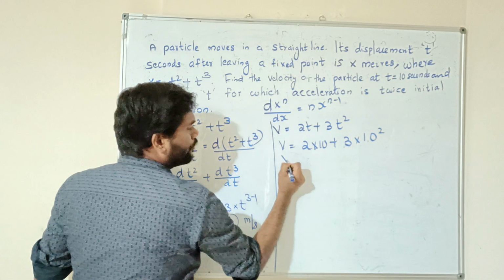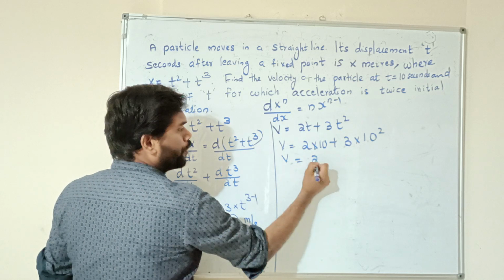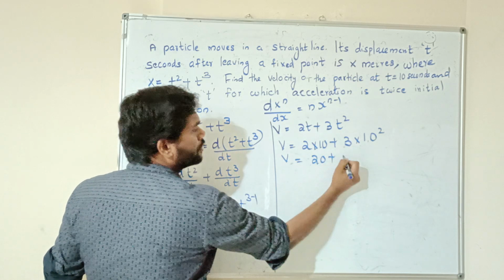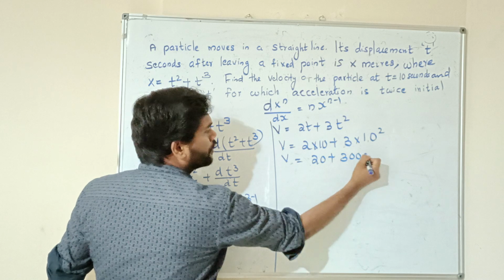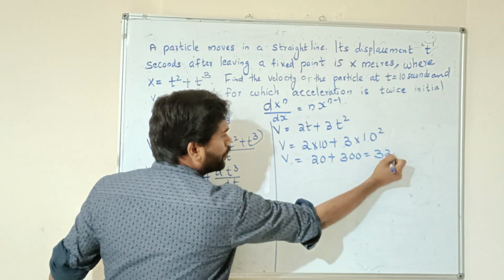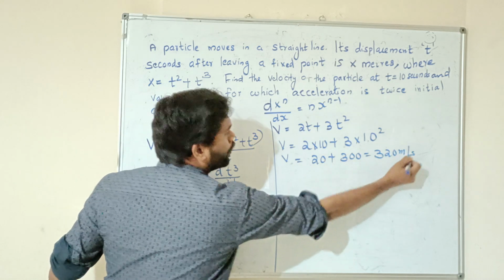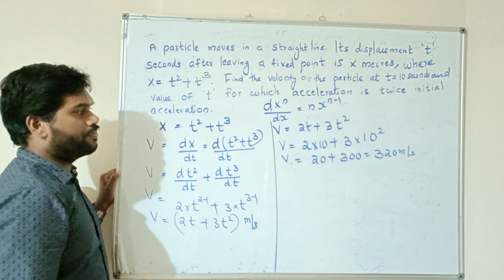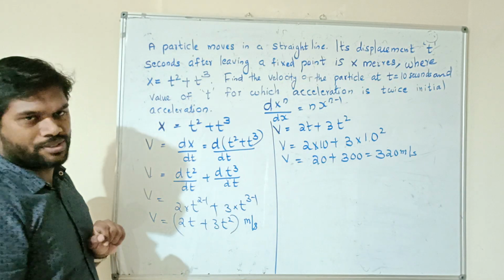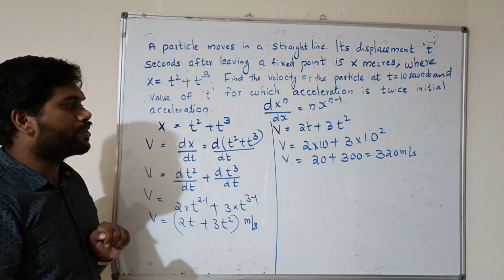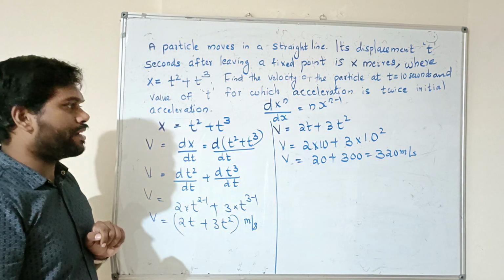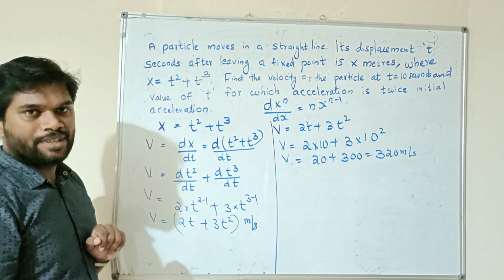So velocity will be equal to 20 plus 300, which is 320 meter per second. So the first part of the question is done, the velocity after 10 seconds. Now we'll go to the second part.